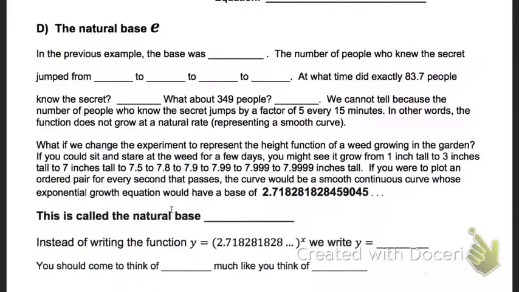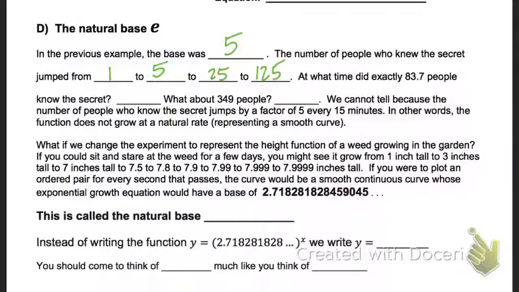So in the previous example, the base was 5. We're just going to fill this in. The base was 5. And the number of people who knew the secret jumped from 1 to 5 to 25 to 125, sorry.